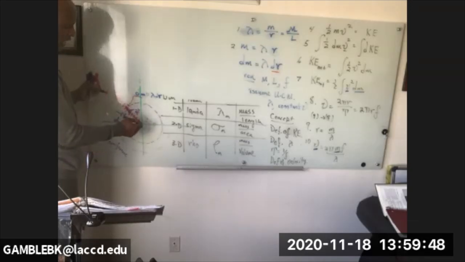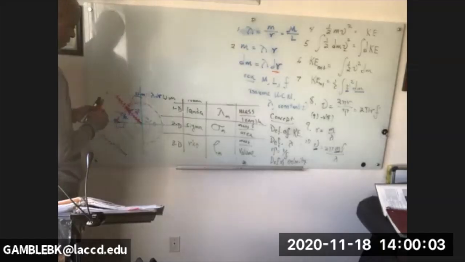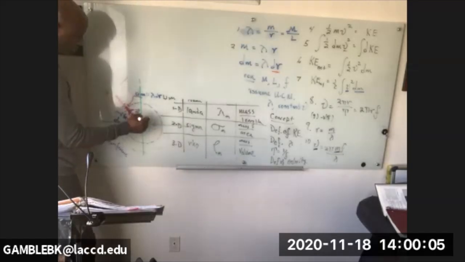But when I integrate, I have to take all the differential mass elements that go from R equals 0 to R equals L. Maybe I should put that in there. So this whole distance here is the distance L.